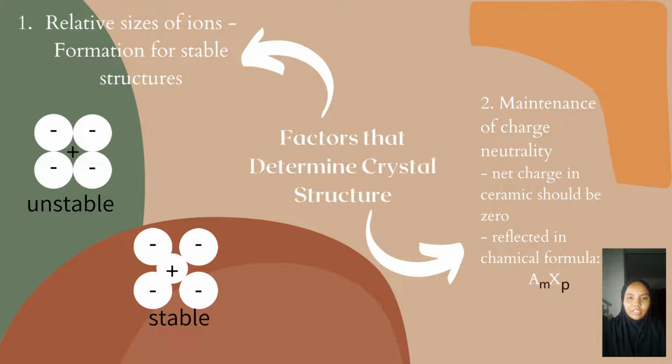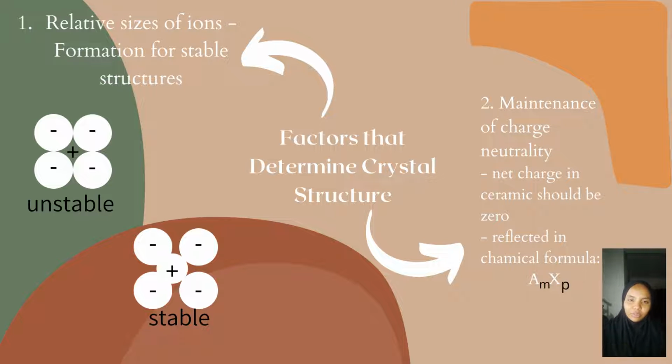There are two factors that determine crystal structure. The first factor is the relative size of ions, for formation of a stable structure. Based on the picture, we can see that a smaller positive ion compared to the size of the negative ion will produce unstable structures.